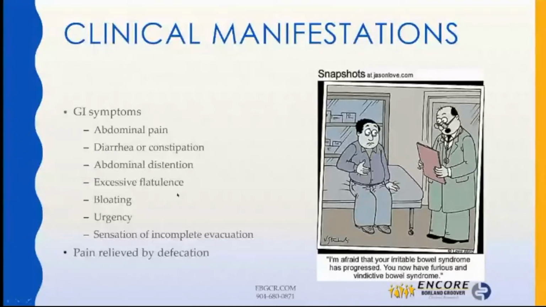There is usually a pattern of changes in the bowel habits, generally constipation, however diarrhea is common too. Bloating and abdominal distension, excessive passage of gas or flatus, the feeling of needing to use the bathroom immediately when they have the urge, the urgency of bowel movements, and quite often after using the bathroom, they feel that they were not able to completely evacuate their colon.